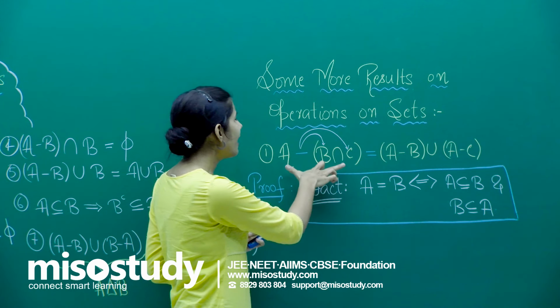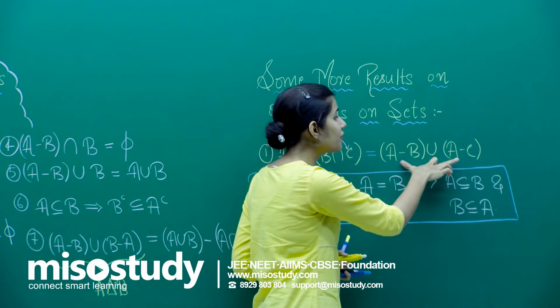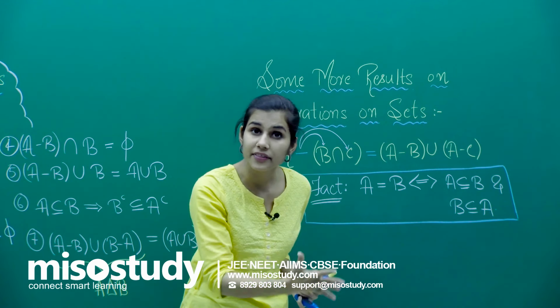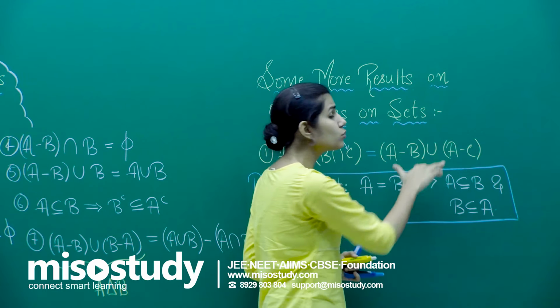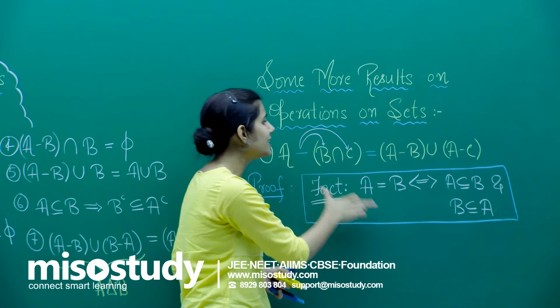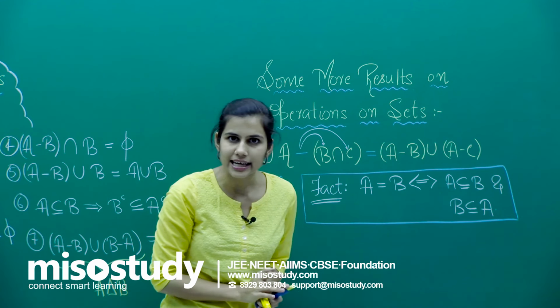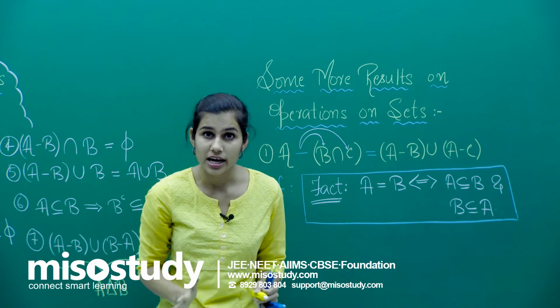Here the entire left hand side is acting as one set and the entire right hand side acts as the other set. In order to show that the LHS set is equal to the RHS set, I will have to show that LHS set is contained in the RHS set and RHS set is contained in the LHS set.